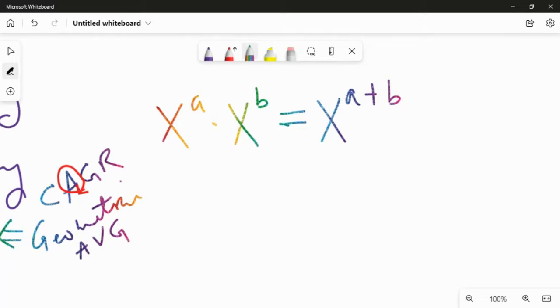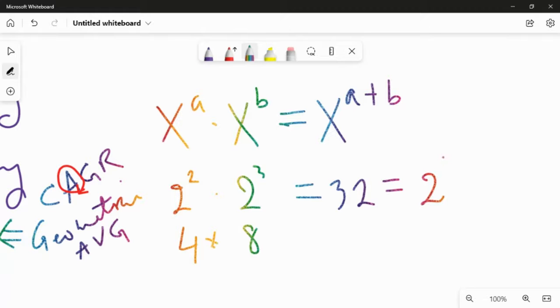By plugging in a couple of numbers, if it is 2 squared times 2 cubed, it's 4 times 8, so we know it's going to be 32. But 32 is 2 to the 5th.